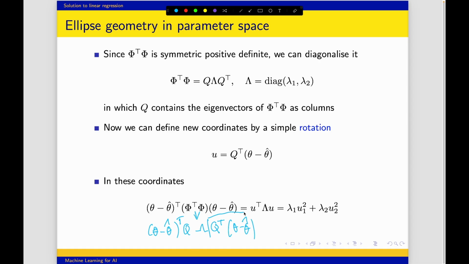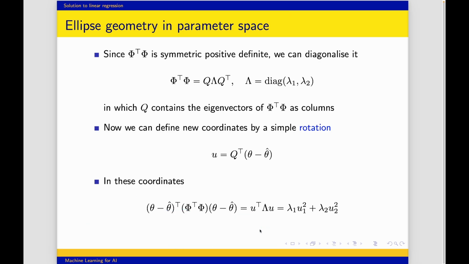Now this thing here is U. So we've got lambda times U. Now this thing here, what's this? We can write this as Q transpose theta minus theta hat, all transposed, which is U transposed, right? Because what's inside here is exactly U. So what we end up with is U transpose lambda U, which is what we wanted.